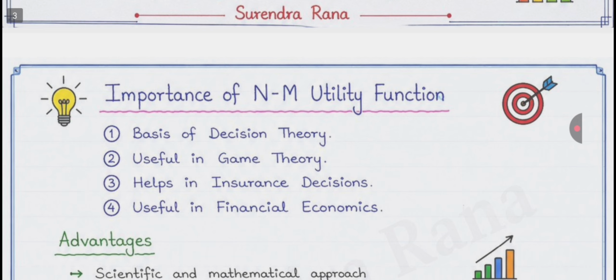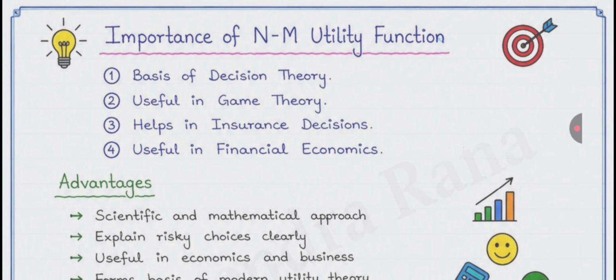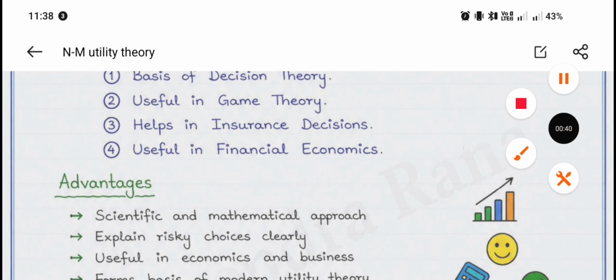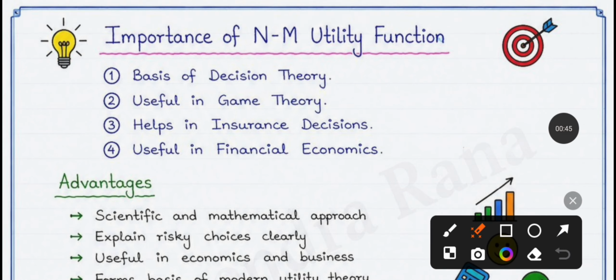Now let's discuss the importance of the NM utility function. First is the basis of decision theory. This theory forms the foundation of modern decision theory.